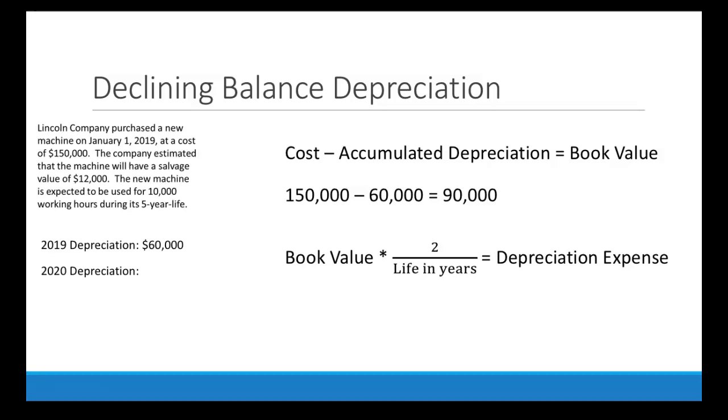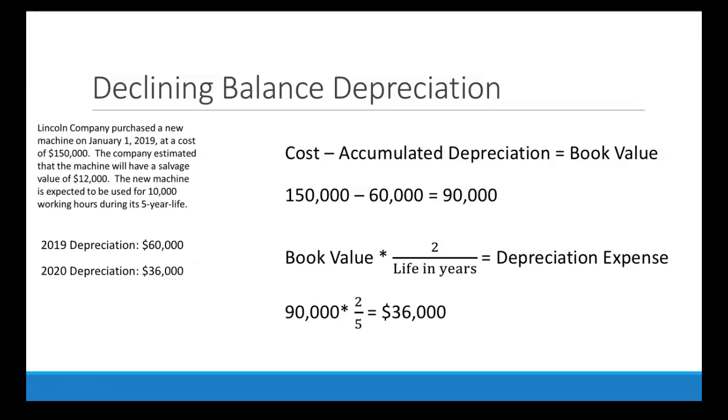Then we bring that book value into the next step of this formula. 90,000 times 2 over 5, right? That 2 over 5 remains the same no matter what year you're doing this depreciation in this problem. We don't have to cut away years as we move on. It's the full life in years for this asset. So 90,000 times 2 over 5 gets us a depreciation expense of 36,000. So we'll toss that in as our 2020 depreciation.